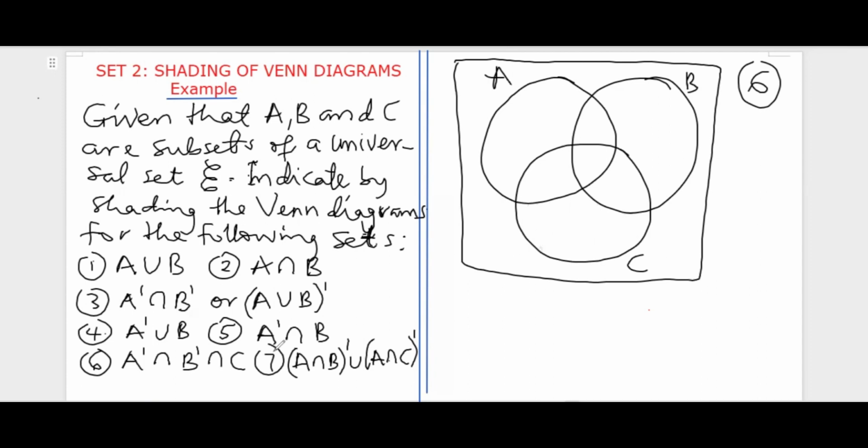And lastly, without wasting our time, number 7, the last for today, is A intersection B prime, outside A and B, then outside A and C. So the way you shade, you add them together, meaning that we'll have this place to shade.